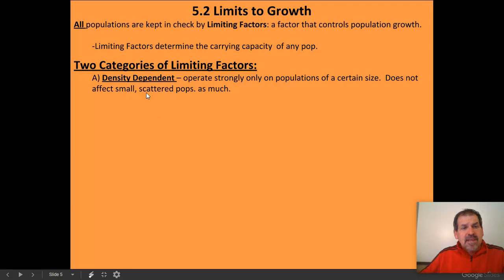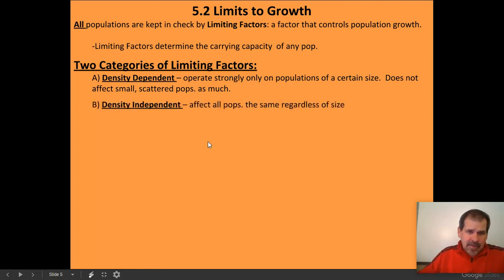Density dependent, meaning that the limiting factor, the factor that puts downward pressure on the size of a population, gets stronger or more effective as the population gets more dense or more crowded. The other is density independent. These affect all populations equally, regardless of size. It doesn't matter how crowded the population is, whether it's a really crowded population or really small and spread out.